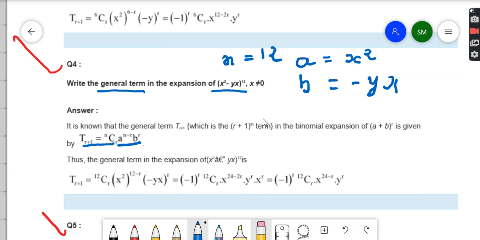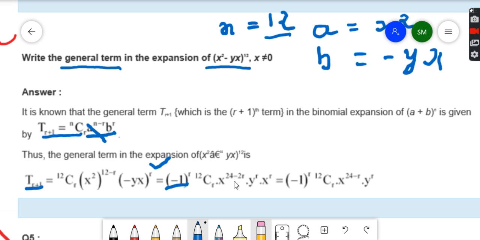So tr plus 1, we don't require r over here. 12cr, because n is equal to 12. Alright, x square, that is the value of a, so I am replacing in place of a. 12 minus r, and minus yx raised to r. So whatever you can, simplify it. Minus 1 raised to r, I am taking minus 1 common from here. 12cr, x raised to 24 minus r, I just multiplied by 2, y raised to r, x raised to r.